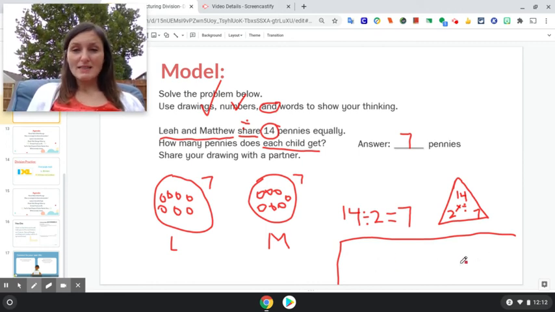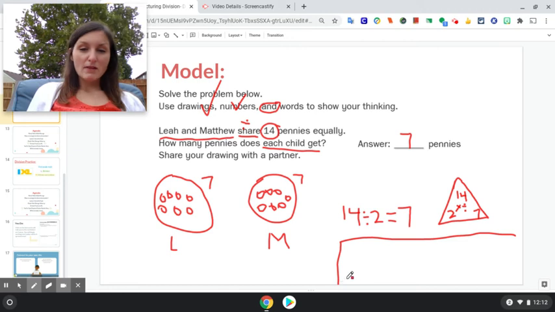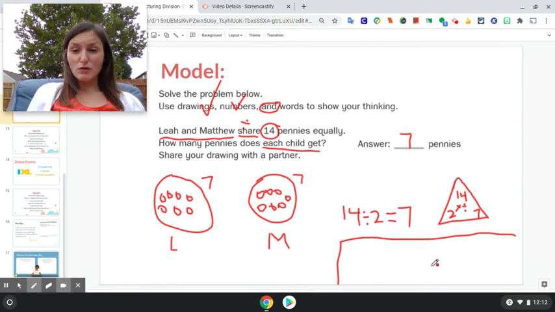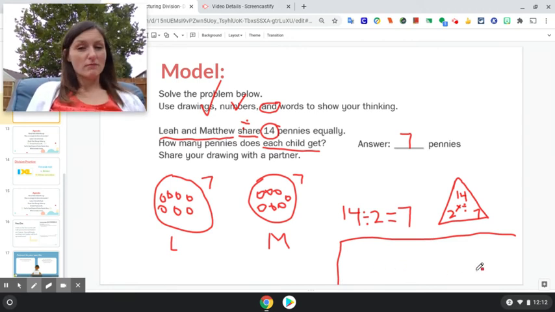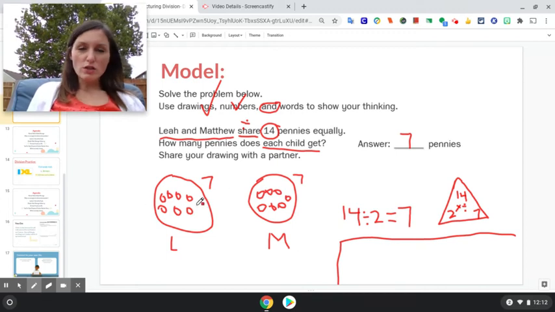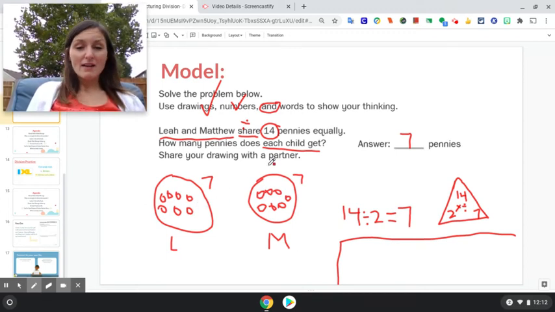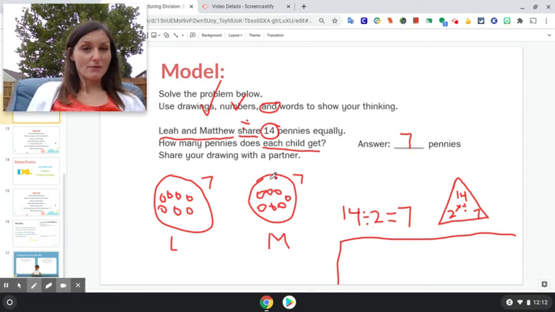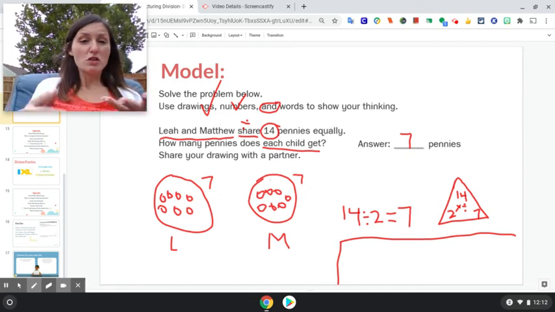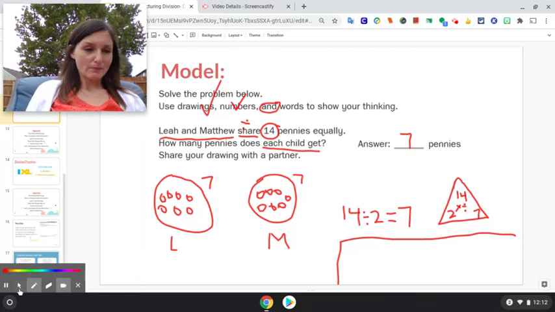Each child got 7 because 7 plus 7, or 7 times 2, equals 14. And just explain what you did. I gave each child a penny until I got to 14, and that meant each child got 7. So use some type of words to explain your strategy.